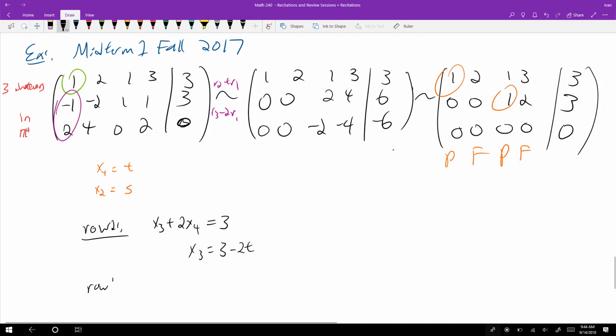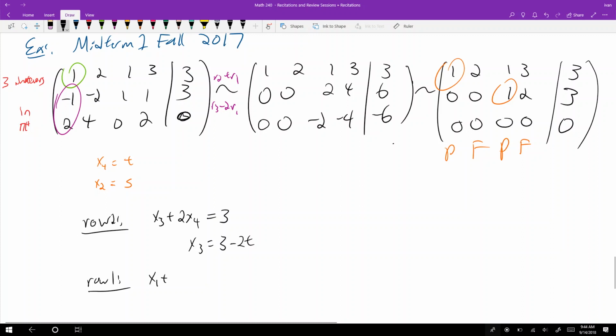Alright, and then in row 1, I got x1 plus 2x2 plus x3 plus 3x4 is equal to 3. Okay, now that's x1 plus 2s, right? x2 is s, plus x3, which is this 3 minus 2t value we just found, plus 3x4, well, that's really 3t, that's equal to 3.